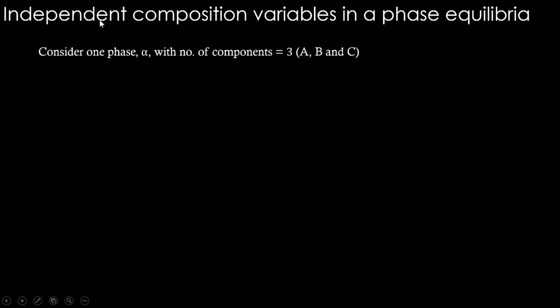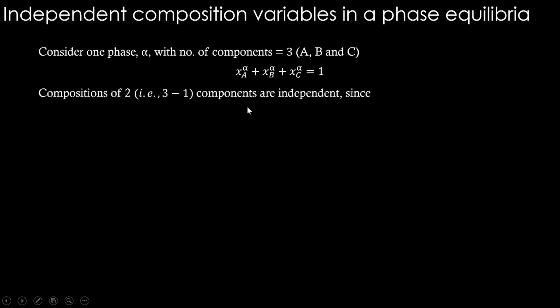If I go directly to the generalized version, it sounds a little difficult to understand for many people, so I'm putting an example first. Consider one phase alpha with number of components 3, A, B and C, a 3-component system. In that, we know the mole fractions of the 3 elements A, B, C in alpha put together should be 1.